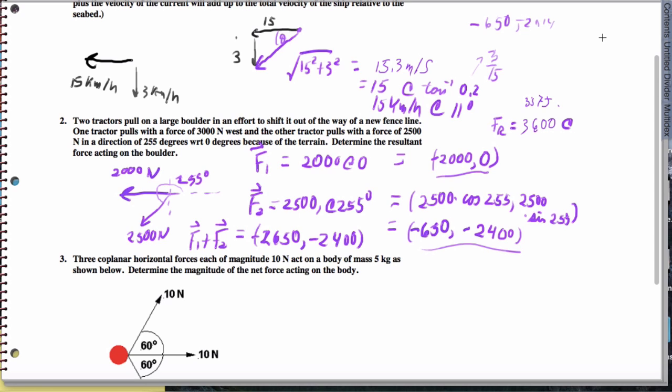If you put this in your calculator, the angle you'll get will say 42 degrees, which points this way. But let's be careful. We need it to be 42 degrees with respect to this here. So that's going to actually end up being 220 degrees by sig figs. This would actually be 222 degrees when we actually get this answer. So that's the resultant force. So that's questions 1 and 2.